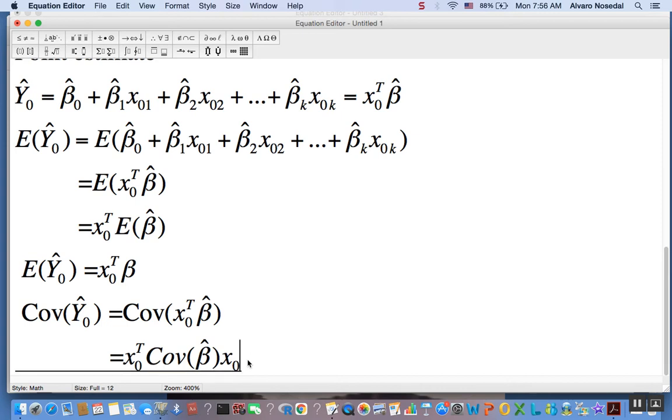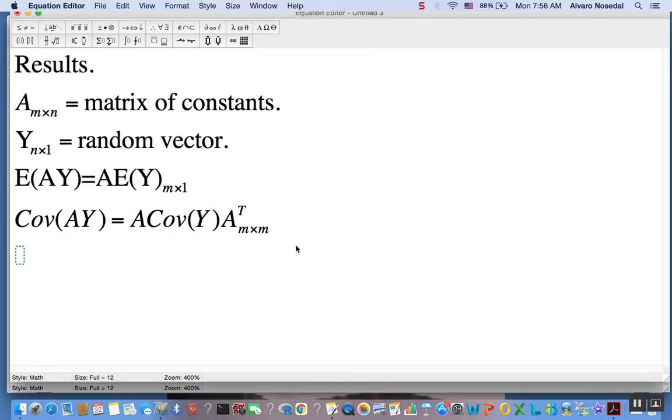So now we have to remember what's the covariance matrix of beta hat. Let me go back to the other page so we can find it. So first, remember that beta hat looks something like, remember what beta hat looks like?